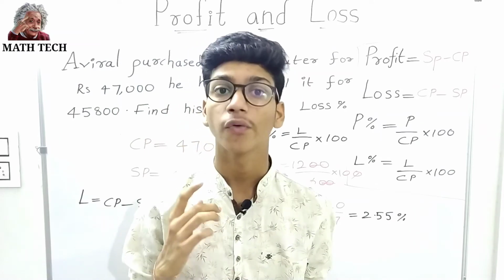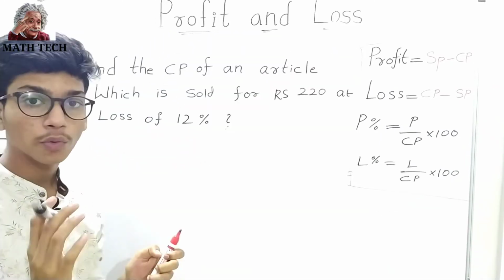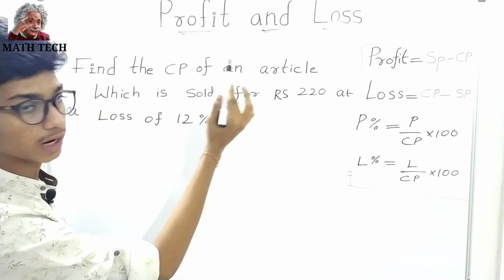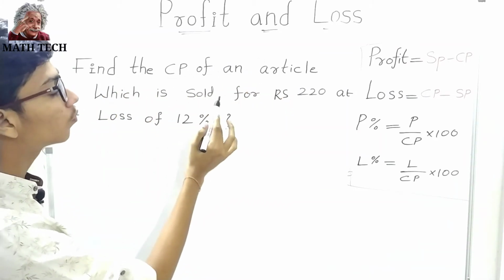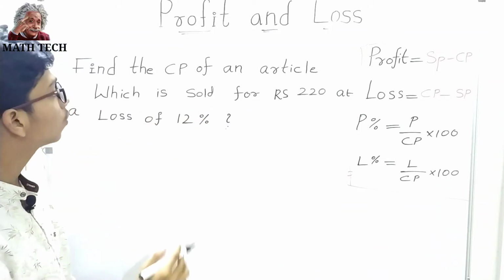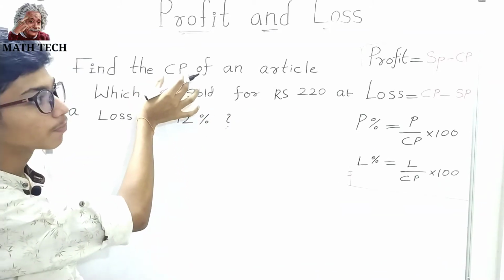Now let's go to question number 2. In question number 2, it is given: find the CP of an article which is sold for Rs 220 at a loss of 12%. So we want to find the cost price.